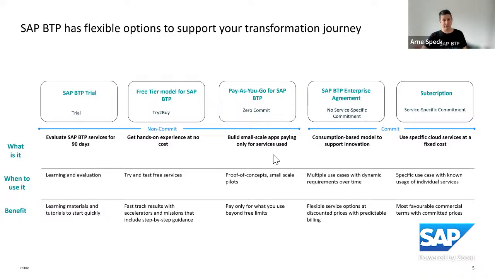So now coming back to the free tier model, because both the pay-as-you-go model as well as the enterprise agreement model give you access to it. For most of the services we have in BTP, there are so-called free tier service plans, which means you have the possibility to use those services with some restrictions in how many resources you have and how many users you have.